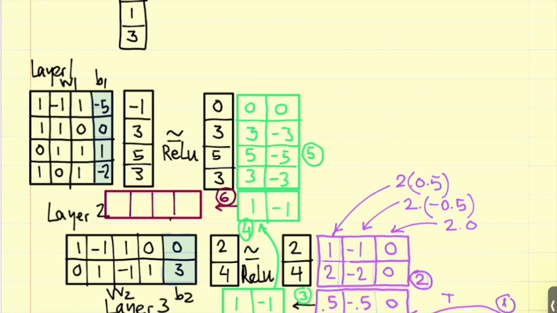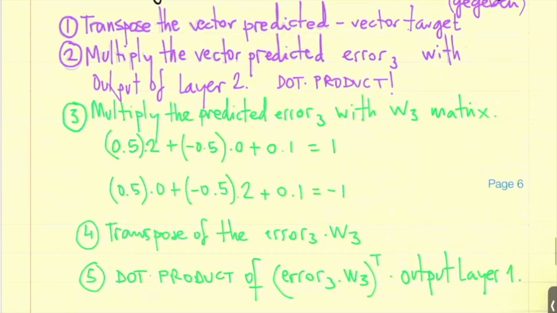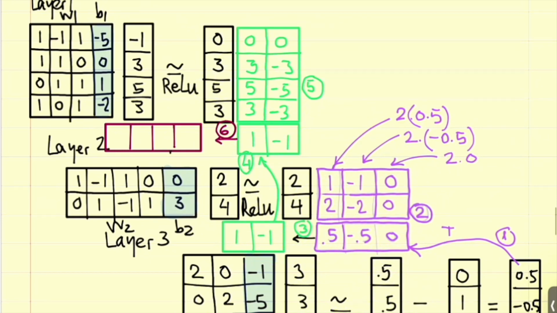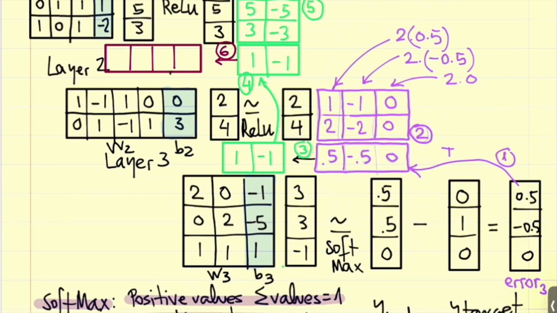Now number 6 I multiply with step number 3, the predicted error number 2, with weight matrix number 2. Okay, so this is error number 3, and this is error number 2.